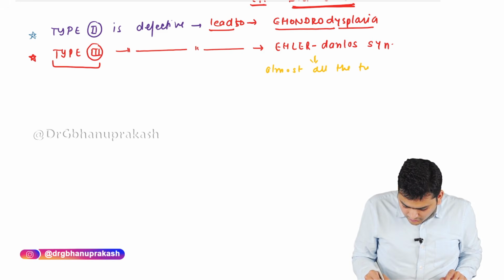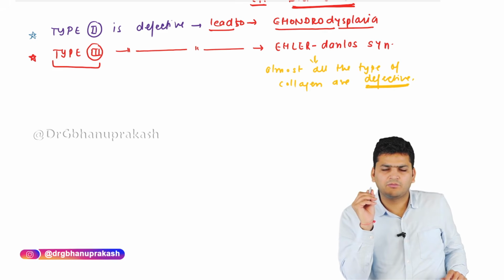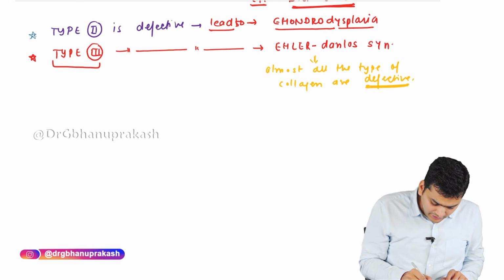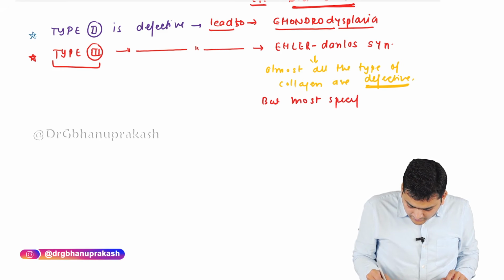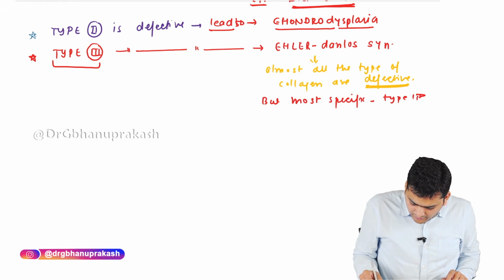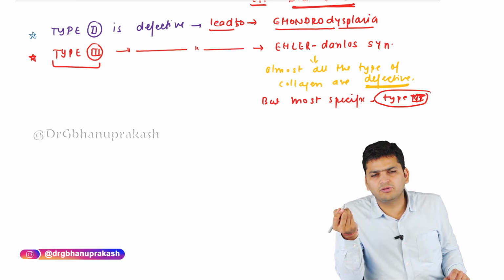But if you have to select the most specific one, then you will select type 3. Because the rest can be defective in other disorders, but if type 3 is defective, it is going towards Ehlers-Danlos syndrome only.